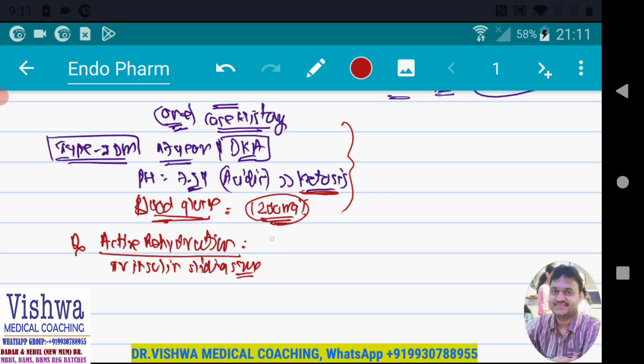So active rehydration and intravenous insulin brought her blood glucose level to below 400 milligram percent. That means the treatment has responded. The pH was also about 7.3. That means pH has increased, blood sugar has fallen. That is what we want as a treatment.